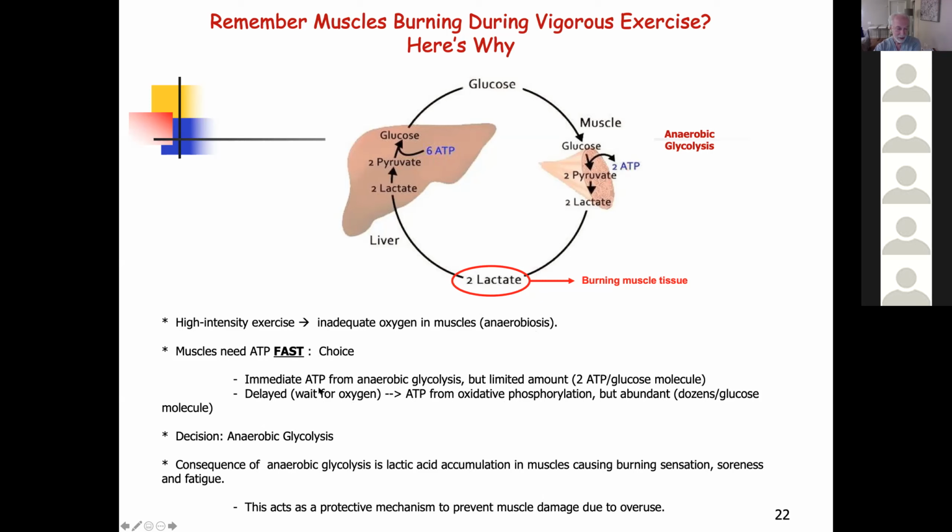But what happens in the moment, in the necessity, is anaerobic glycolysis, because the muscles need ATP immediately. They can't wait for the Krebs cycle. And so the consequence is that anaerobic glycolysis causes lactic acid to accumulate. And this lactic acid in your muscles causes them to feel like they're burning, like they're on fire. So next time you exercise vigorously and your muscles start to ache, you'll know what's going on.